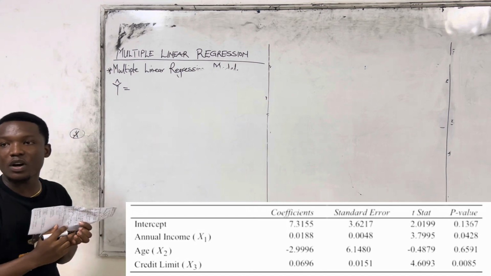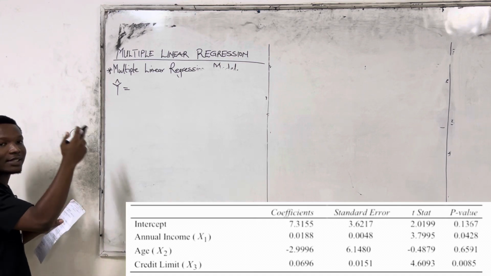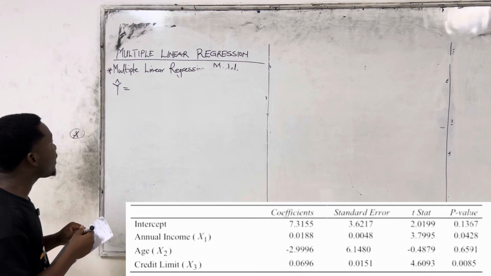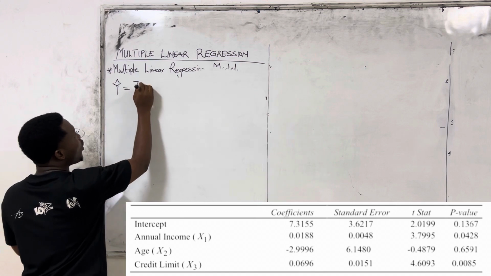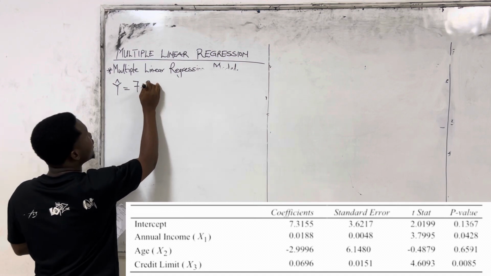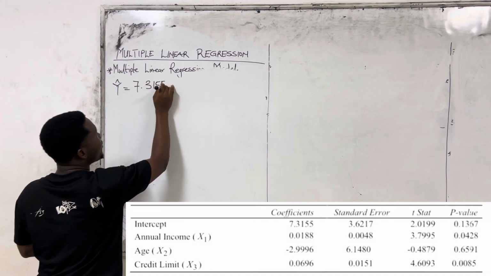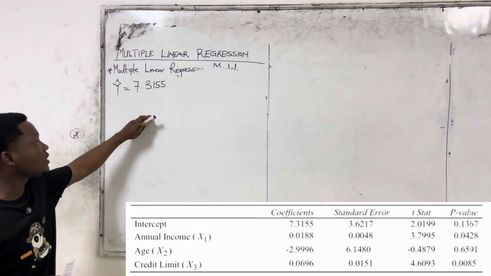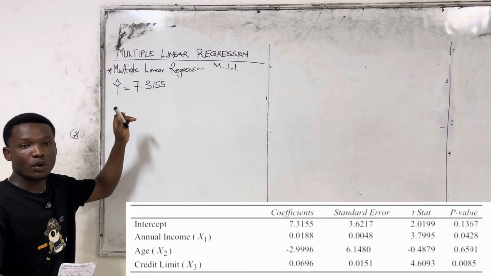The first thing you write is the intercept, or the constant value. When you look at the output, the constant value is 7.3155. This is the intercept that we have in the Excel.